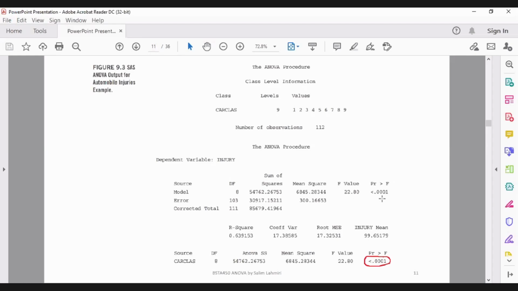The corresponding p-value is 0.0001. So do you think we accept H0 or we reject H0? Look at the p-value. We reject H0, and accept the alternative hypothesis stating that at least one of the averages is different from the others.